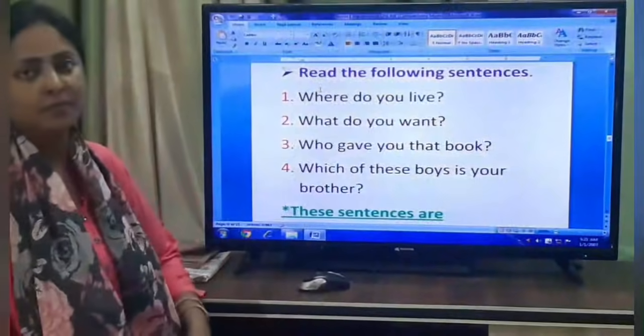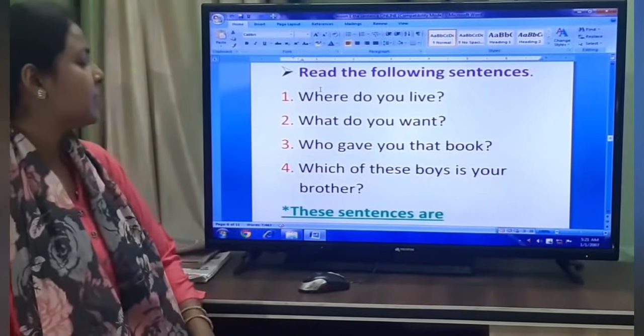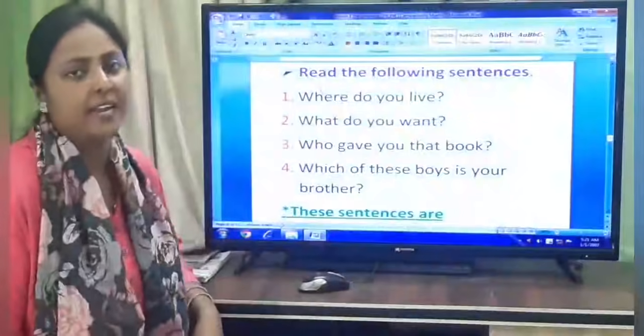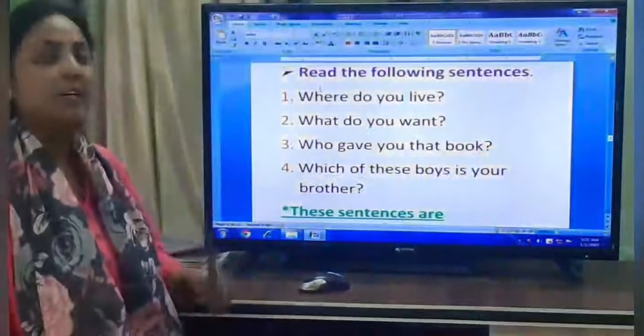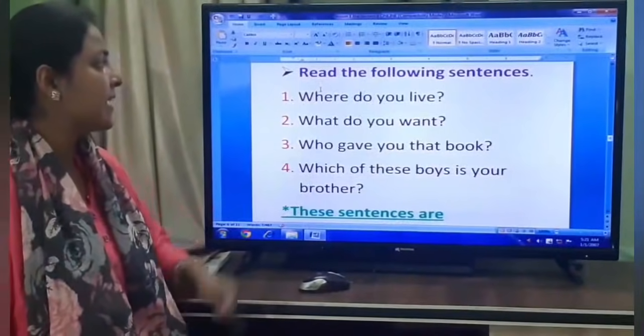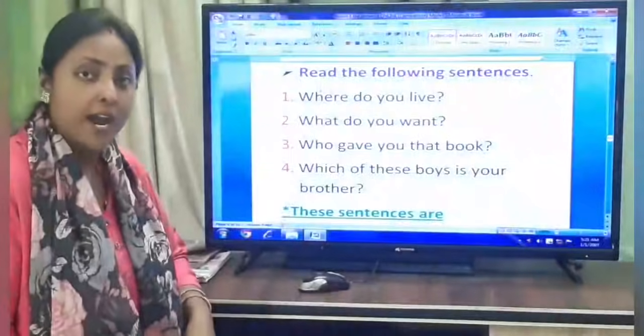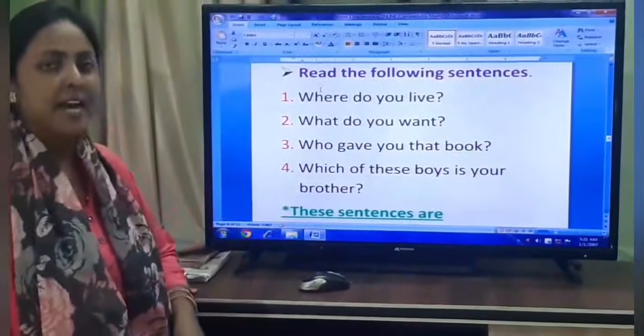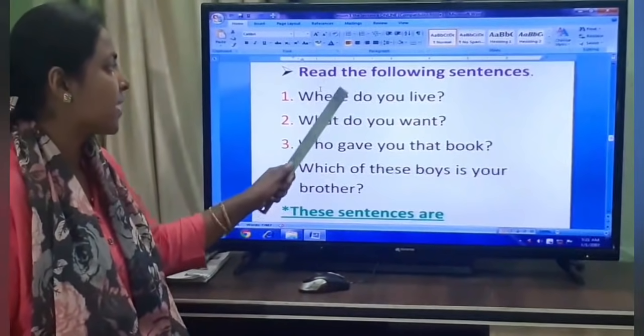Question mark. So this sentence is what? Interrogative sentence. Which sentence is this? Interrogative sentence. Why? Because its question mark is here and the sentence has asked a question.